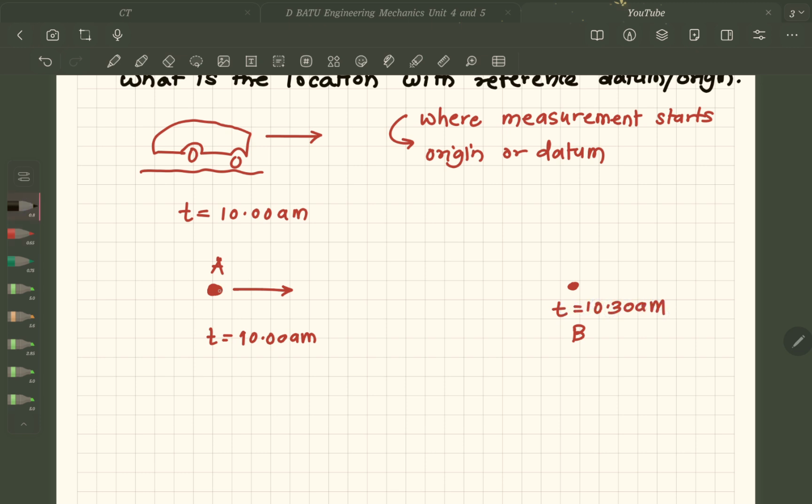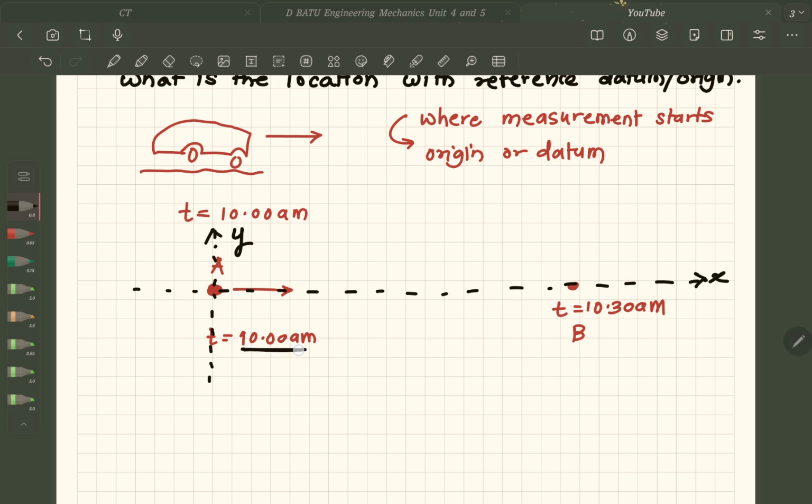I am considering A as the initial point of measurement, with this as the x-axis and this as the y-axis. With reference to the x and y axes, I am trying to figure out the position.